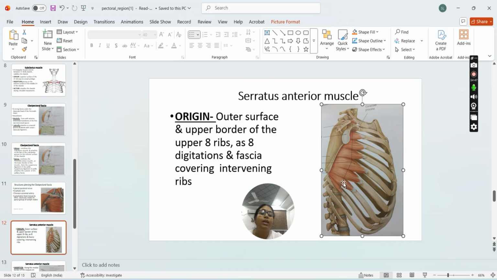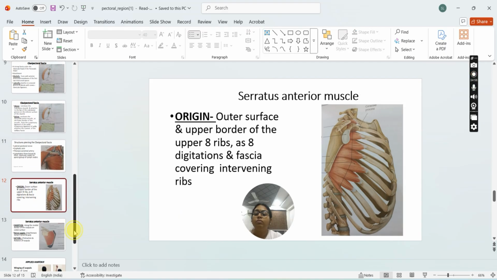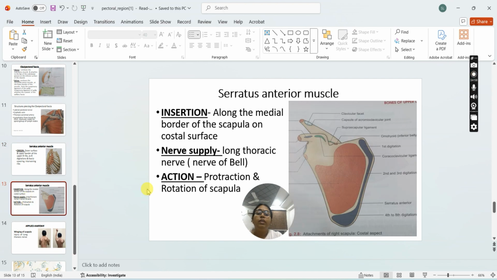That nerve is called the long thoracic nerve or nerve of Bell. It goes all the way and inserts along the medial border of the subscapular fossa of the scapula, the serratus anterior. Okay.